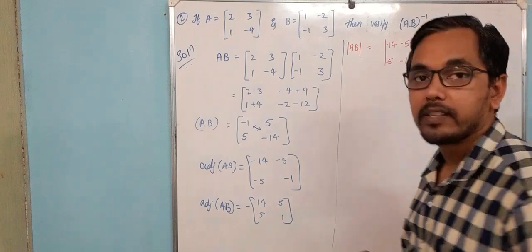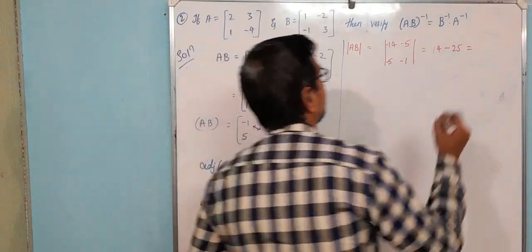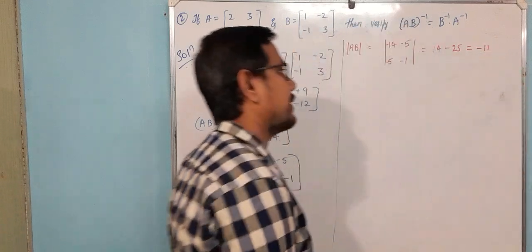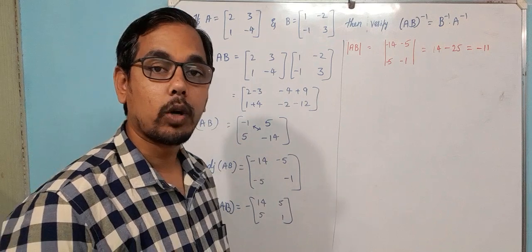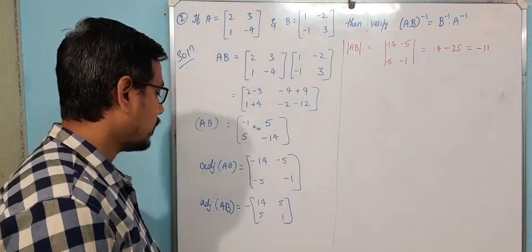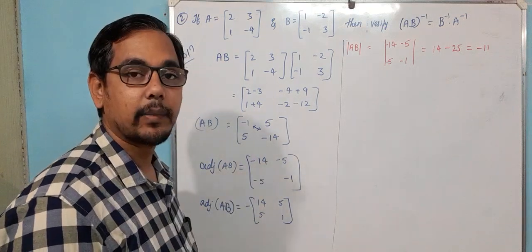So 14 minus 25 is -11. Determinant of AB is -11. So now we have calculated the adjoint of AB and the determinant of AB.